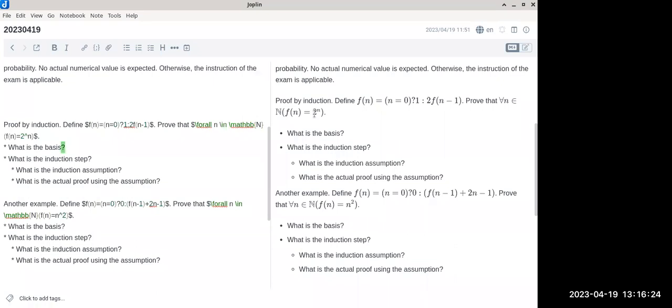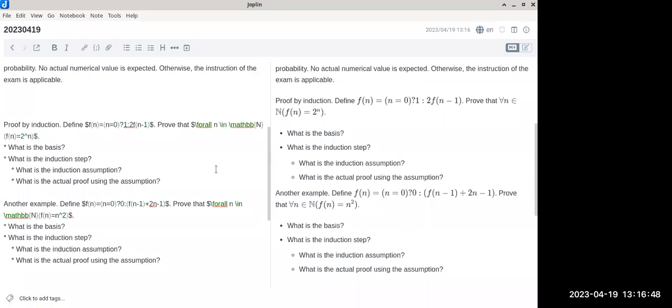How do we prove it? The way we prove it is first we ask the question, what is the basis? In other words, can you find a value for n where I can just plug it in and I get the equivalence right away? Since we are dealing with a natural number, the natural choice is going to be 0, because 0 is one end of all the natural numbers.